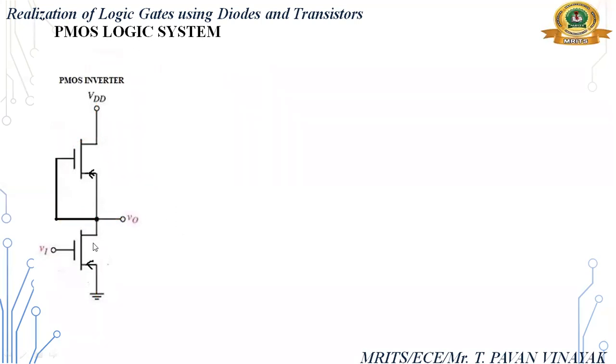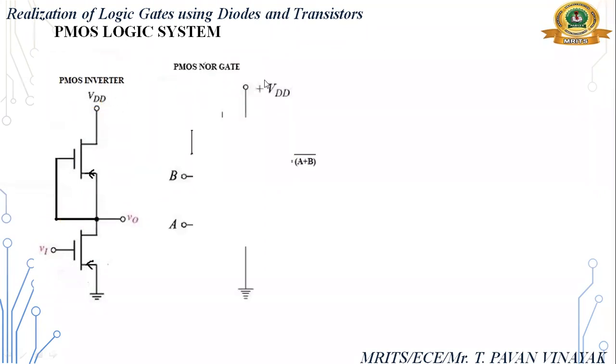Next, 5 volts means this is off. Whenever this is off, there is no connection, so output is 0 volts. See, here we are getting this one, not VDD. VDD is not connected here. Based on this voltage level, we give the connection. This is the PMOS inverter.